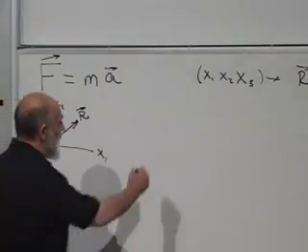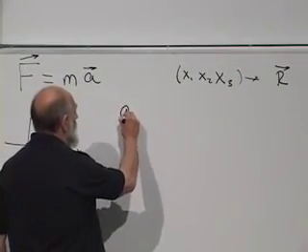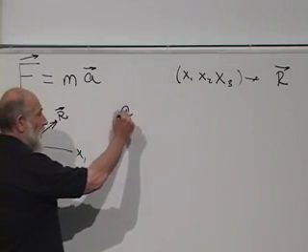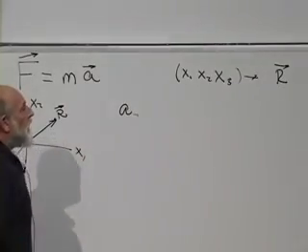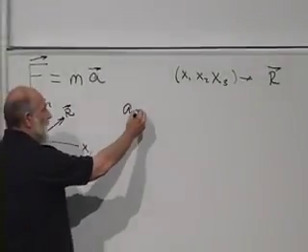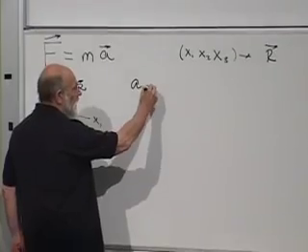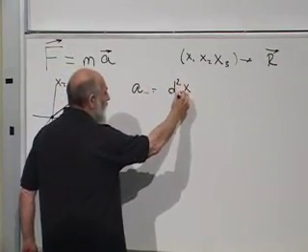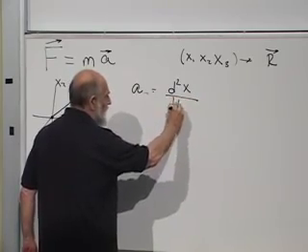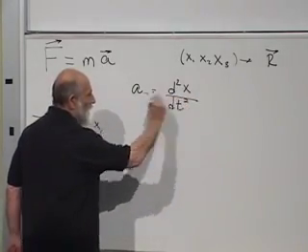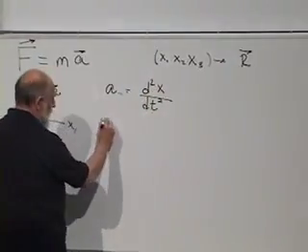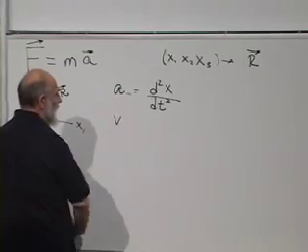So for each component, 1, 2, or 3, the acceleration, which let's just call A, the components of it are equal to the second derivatives of the coordinates with respect to time. That's what acceleration is.